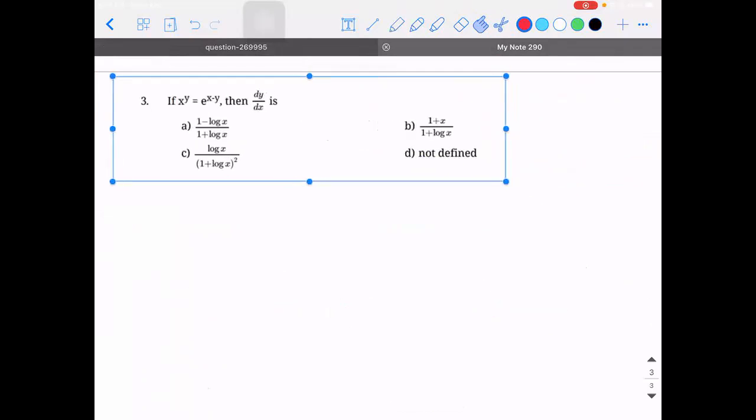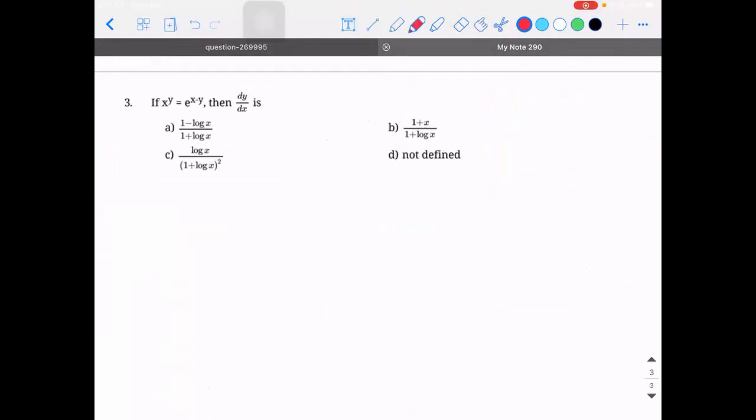Let's try this one. x power y is equal to e power x minus y. Find the value of dy by dx. A function raised to the power of a function means what are we supposed to do? Take log on both the sides. If I take log on both sides, y log x is equal to x minus y.